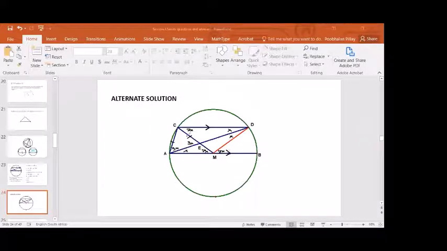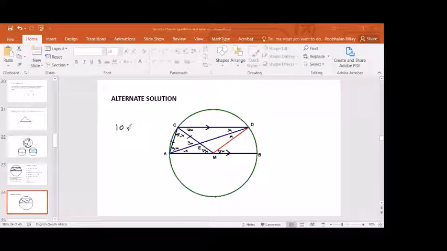So ACM is 4x. Now I've got enough material, because this angle plus this angle is 180 degrees. They are co-interior angles between parallel lines. So this whole angle is 6x, and this angle is 4x. 6x plus 4x is 10x.